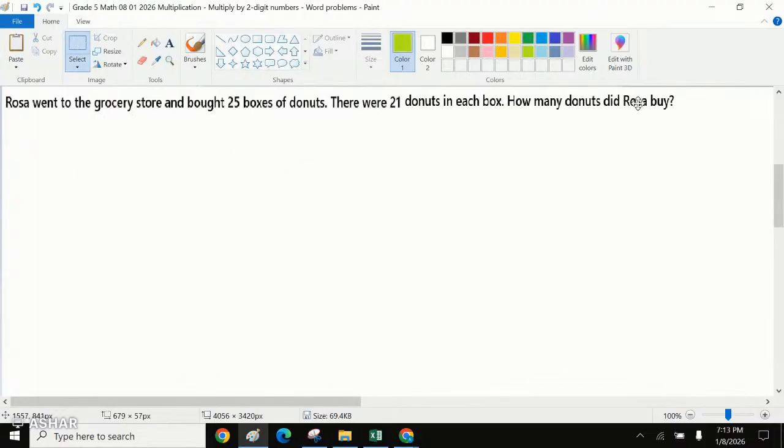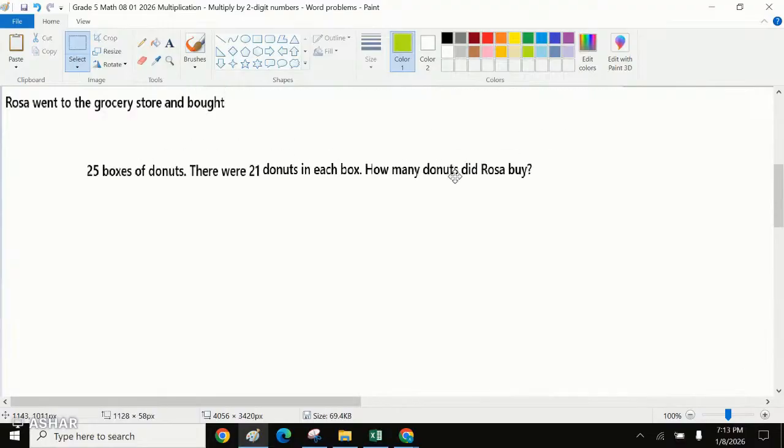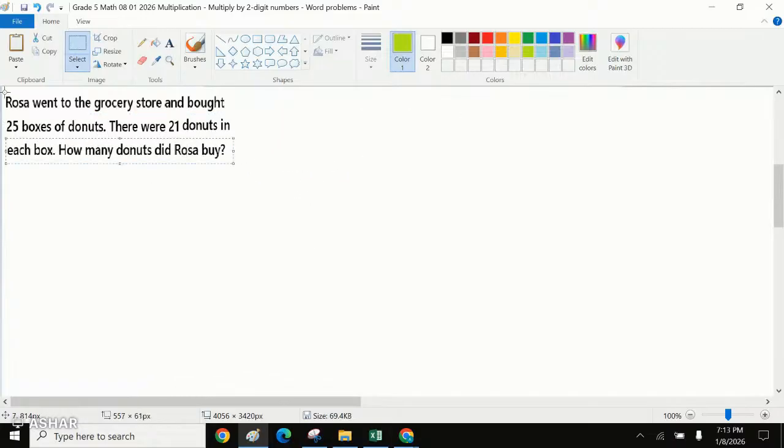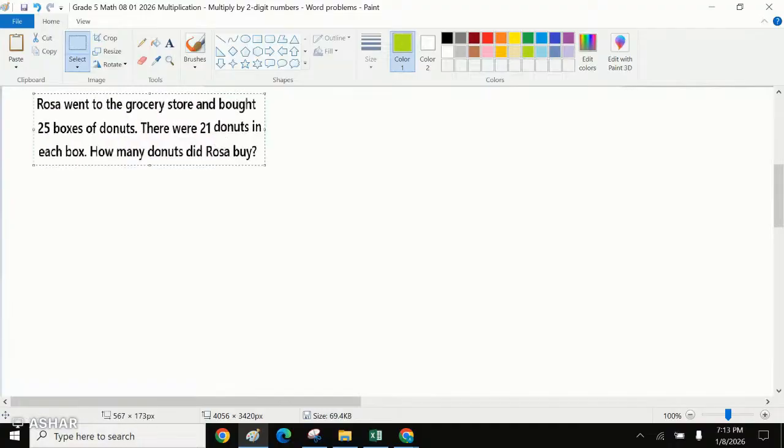There were 21 donuts in each box, and she bought 25 boxes. How many did Rosa buy? So this is our question number 5, in which Rosa is going to the grocery store and buying 25 boxes of donuts. Each box has 21 donuts in it, right?